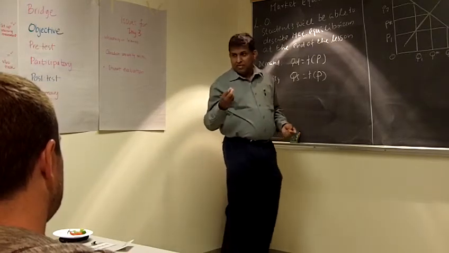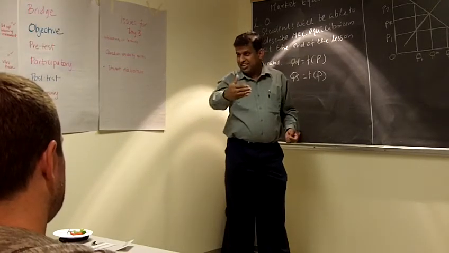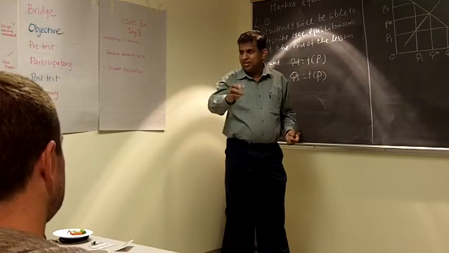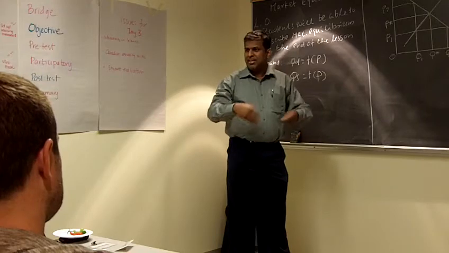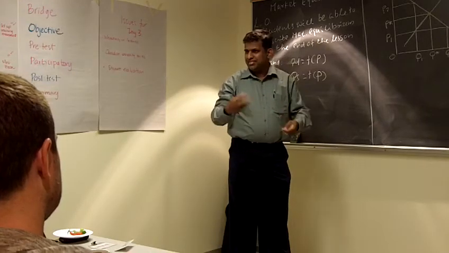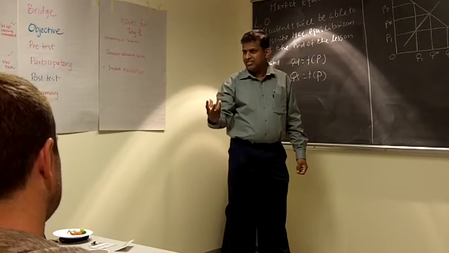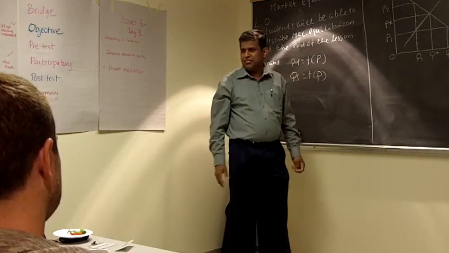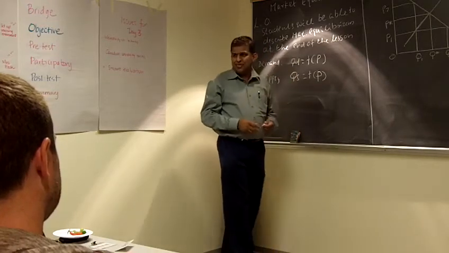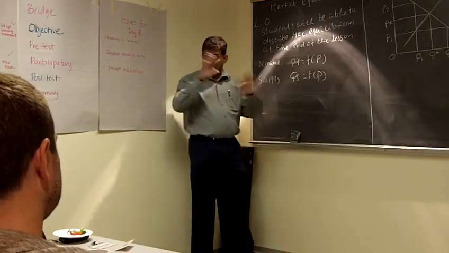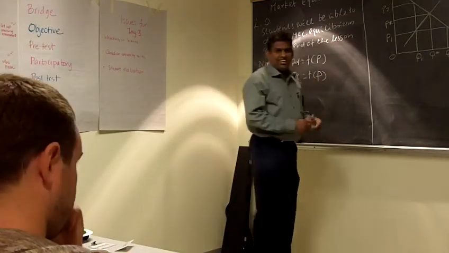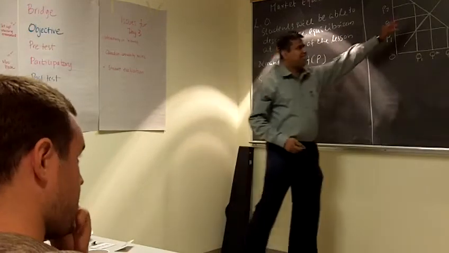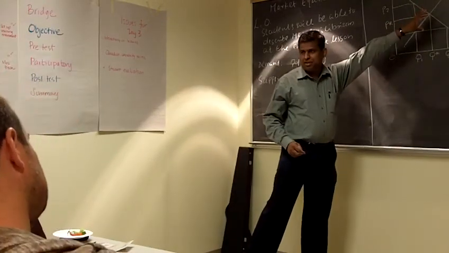If the price that farmers get increases in the market, farmers send more and more product to the market, because as a result of the increase in price, the profit of farmers increases. So it gives them incentives to send more production to the market if all the other factors remain constant.